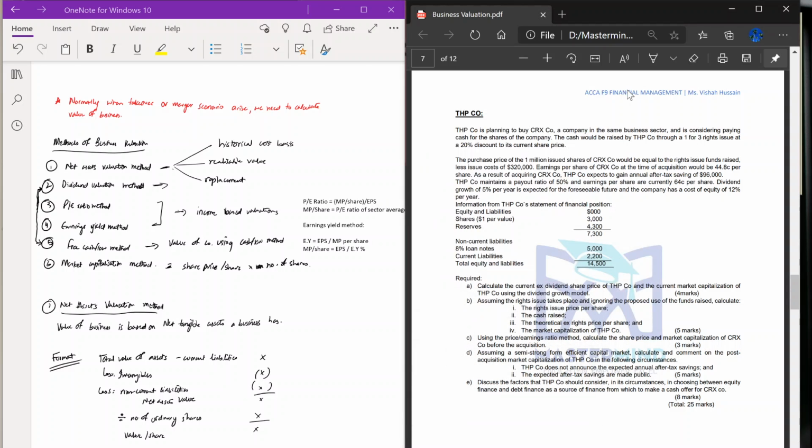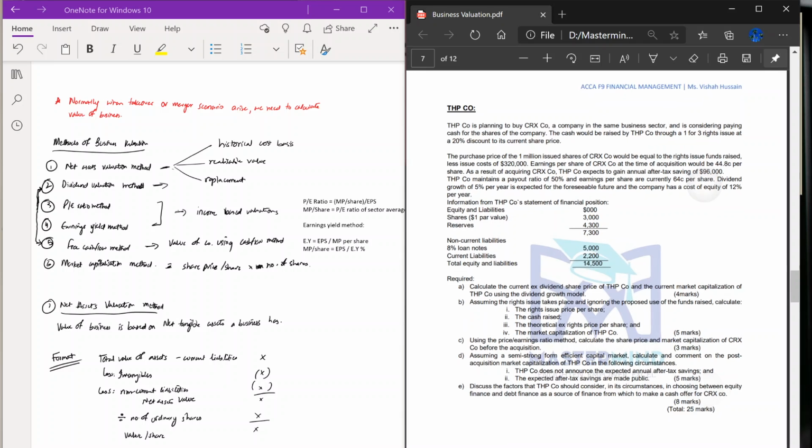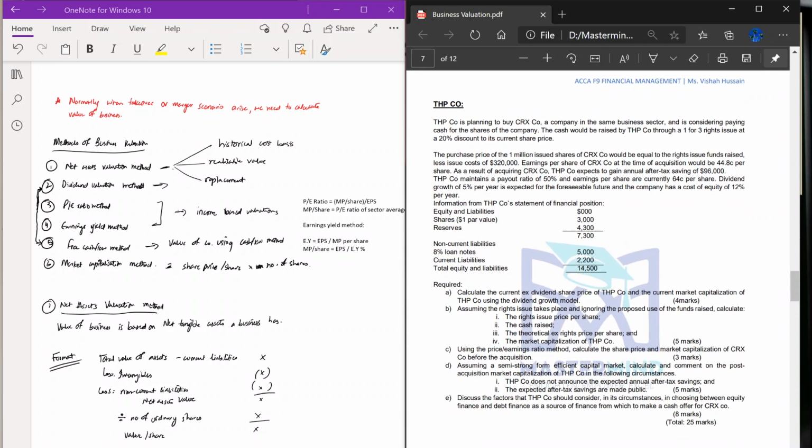You will then be computing the answer of THP company. There is no new method in this. You have done sources of finance, so you can also compute the TERP, and without the TERP you cannot compute the market capitalization.